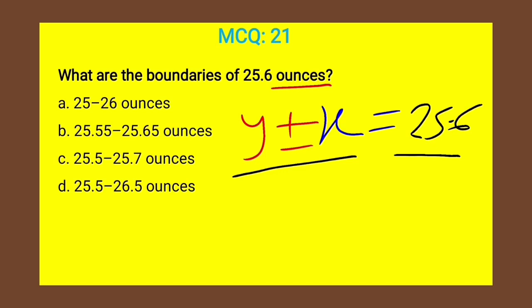In the case where you are not given any options, you can use any two values, a constant and a variable, that when added or subtracted give you 25.6. But here, because I was given options, I can't use just any variable.